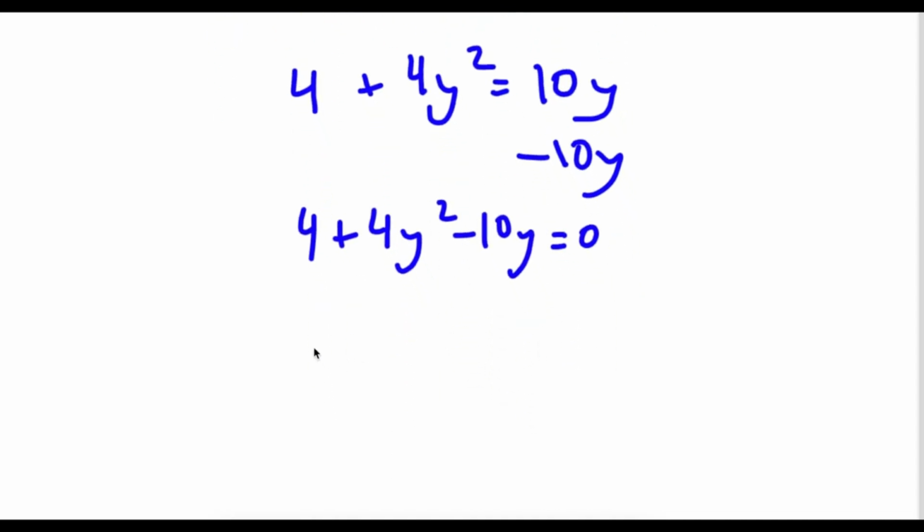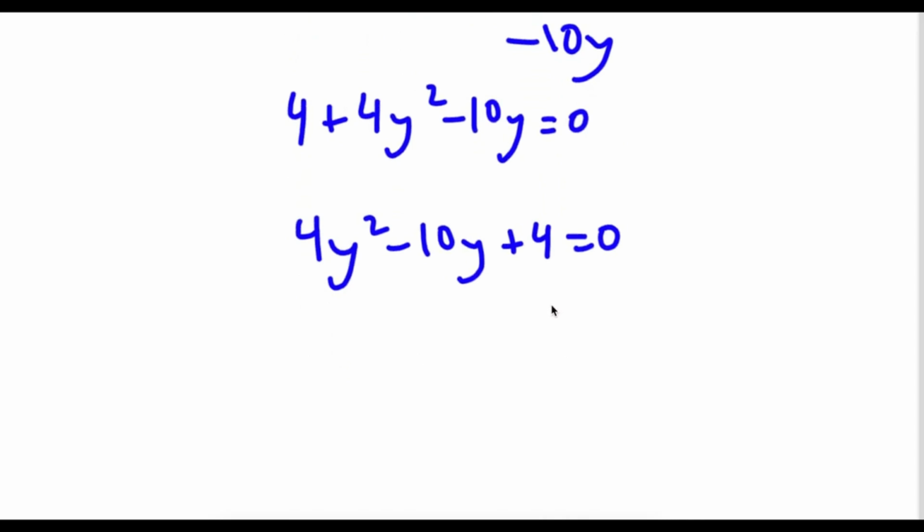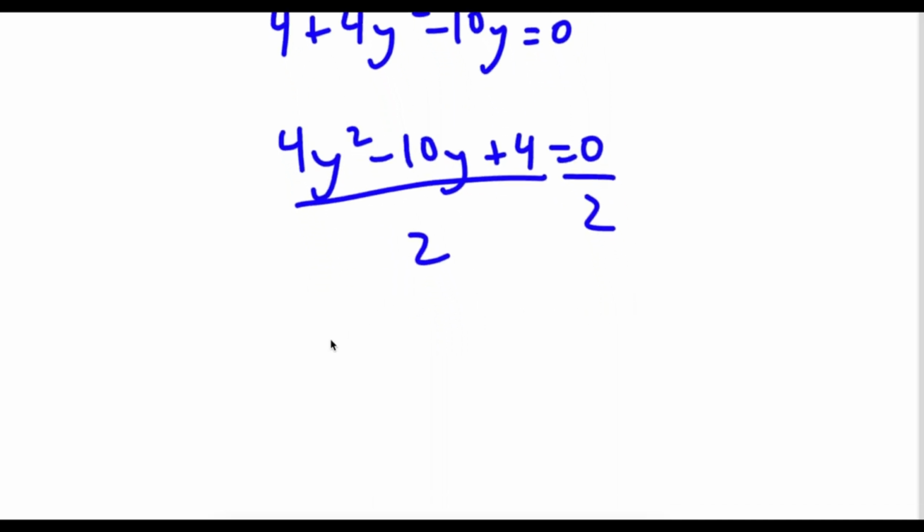Now, if I rearrange the order here, I get 4y squared minus 10y plus 4 is equal to 0. Now, I can divide both sides by 2. So 4y squared divided by 2 is 2y squared, minus 10y divided by 2 is 5y, plus 4 divided by 2 is 2. This is equal to 0.